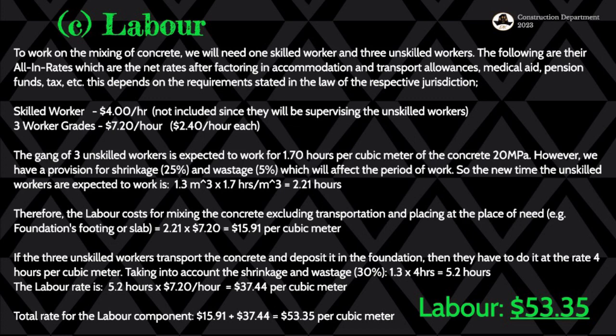I think I've explained where we're getting that 1.3 cubic meters, as that extra 30% added to the 1 cubic meter. Then we multiply by the number of hours needed to get that 1 cubic meter. We then get 2 hours and 21 minutes. Yes, so I'm correct. So 2.21 hours is the amount of time.